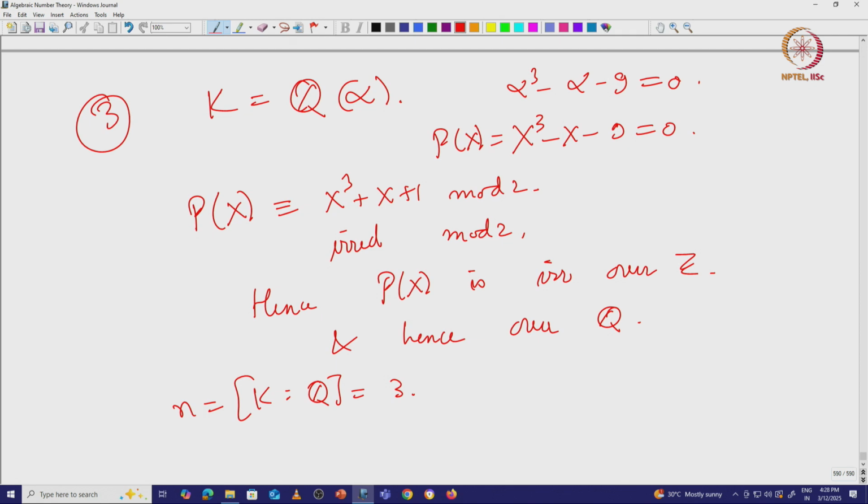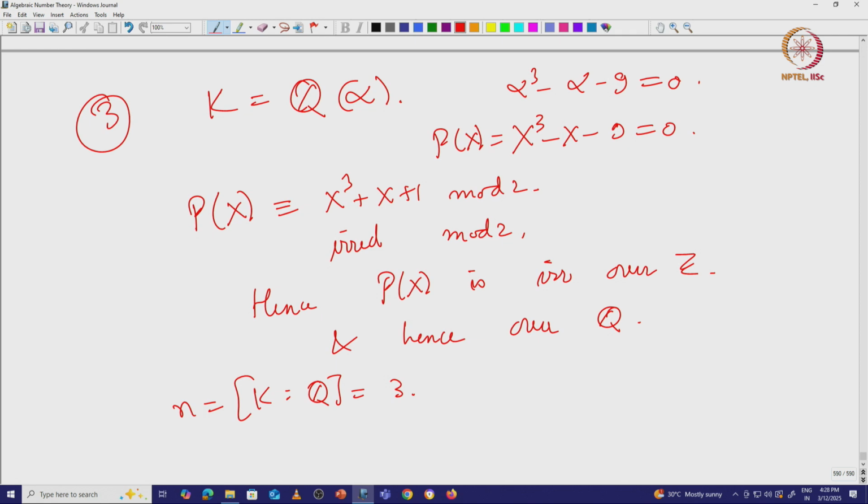Now, you can ask what R1 and R2 are in this case. How many real roots and how many non-real roots does this polynomial have? So, how do you find out?